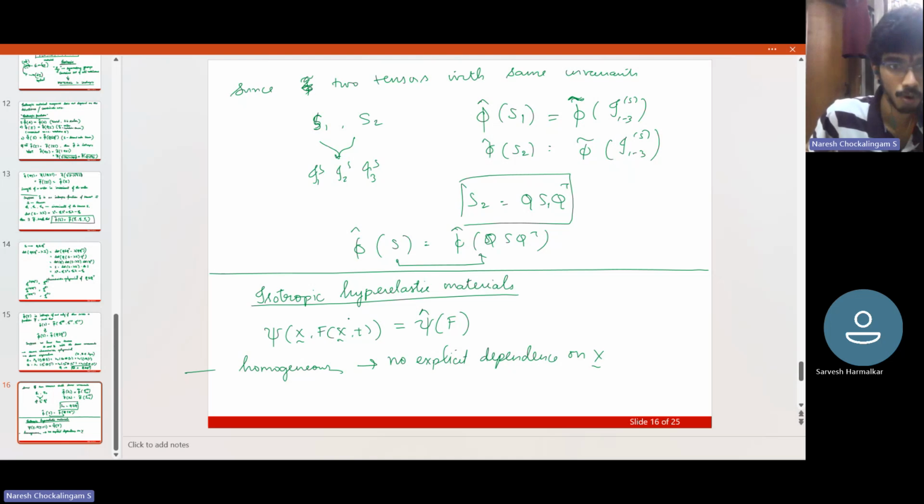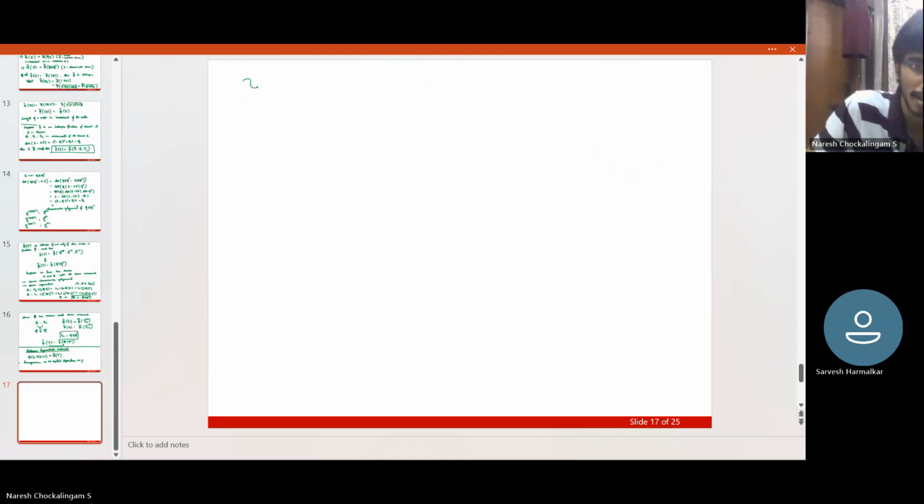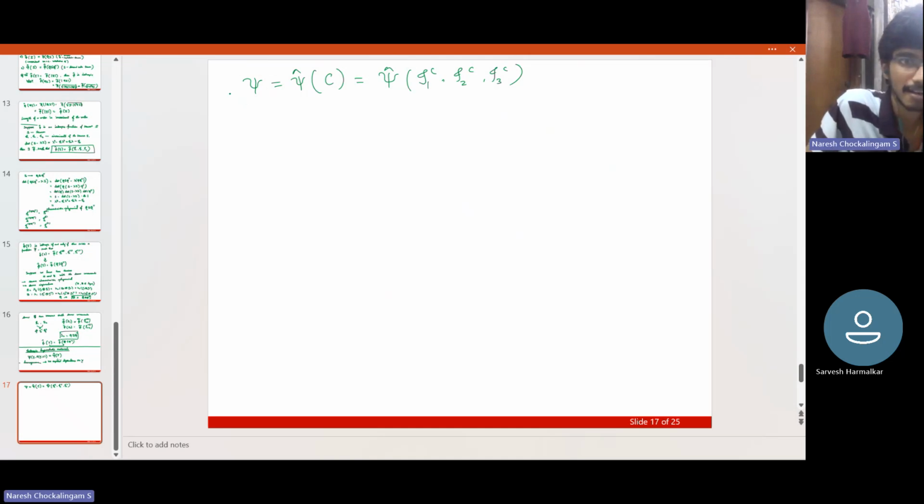So this is a homogeneous isotropic hyperelastic material. If it is isotropic, then psi is some function of, let us say, the right Cauchy-Green tensor, and it can depend only on the invariants of the right Cauchy-Green tensor.